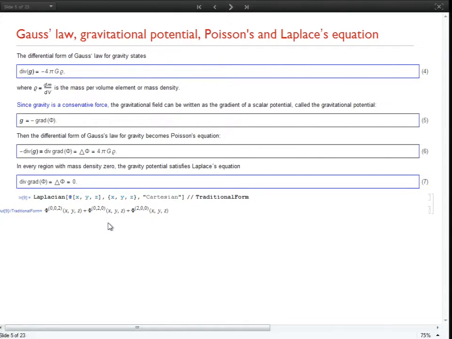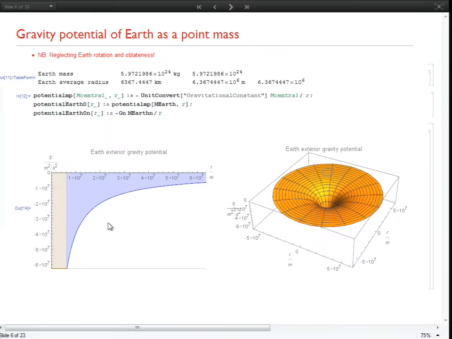And you have Mathematica built-in capability for the Laplacian, so it's just the sum of these derivatives. Okay, so now we can visualize the gravity potential of the Earth as a point mass.